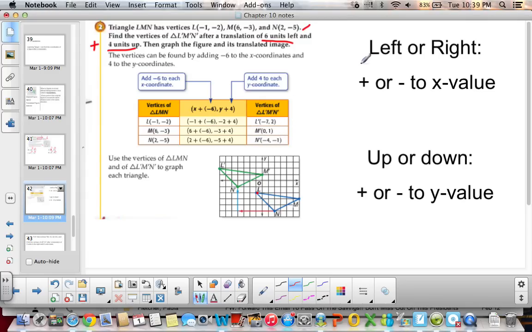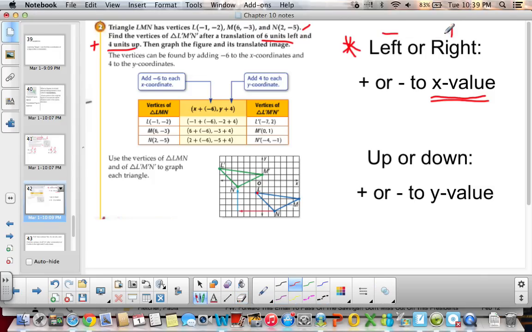So I want you to write this in your notebook. If we're translating left or right, we add or subtract to the x value. X value goes with left or right. Left is positive. No, left is not positive. Left is negative. We'll write it up here.